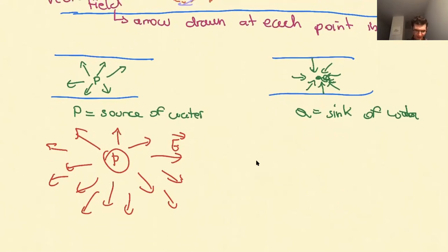And then you would say that a proton is a source of electric field. But then you could have something, as you may know, an electron.